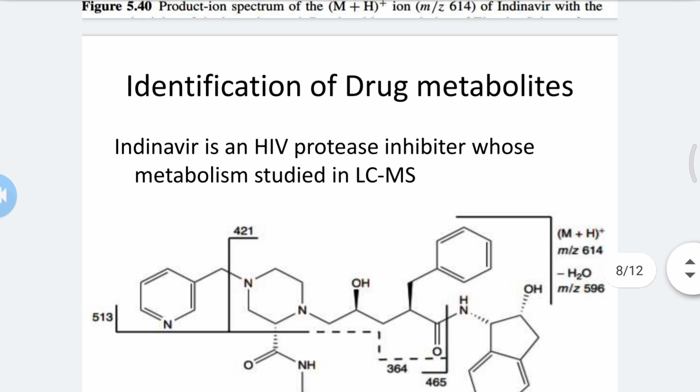Okay, so for example, Indinavir. Indinavir is an HIV protease inhibitor whose metabolism is studied by LCMS. So identification of drug metabolites, such as Indinavir.